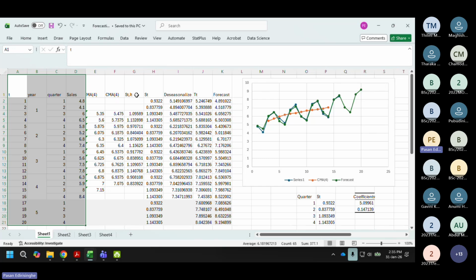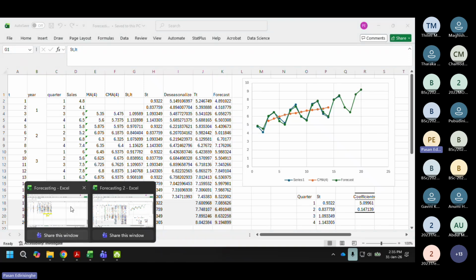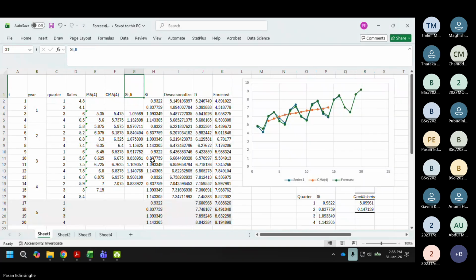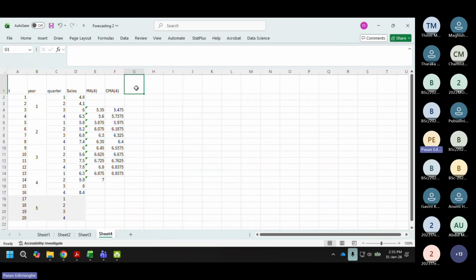Then we can calculate this ST times IT. So let's calculate this one as the ST times IT.